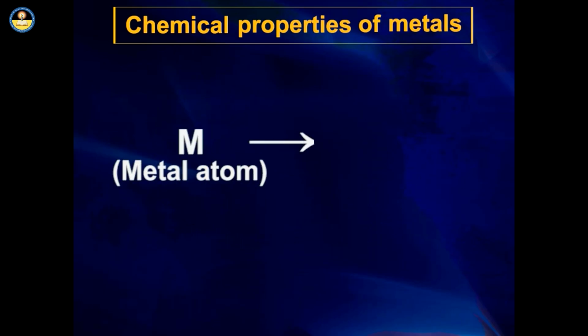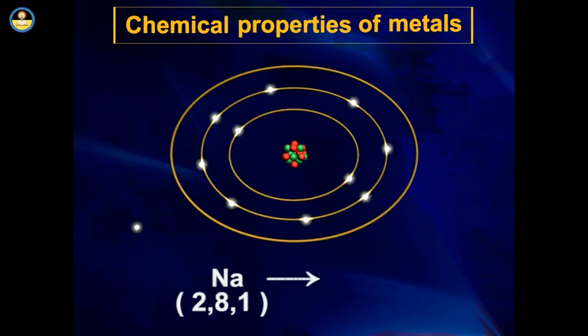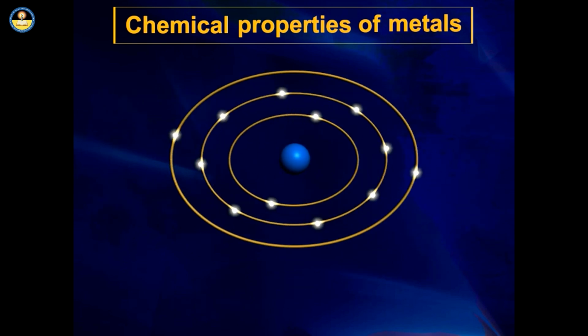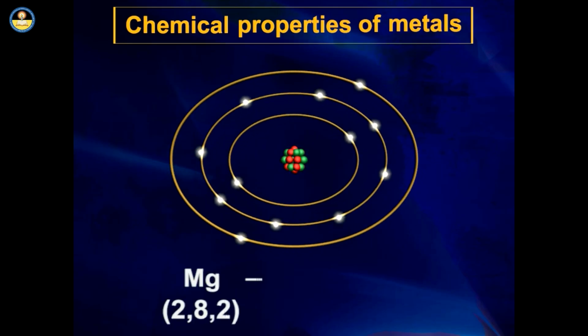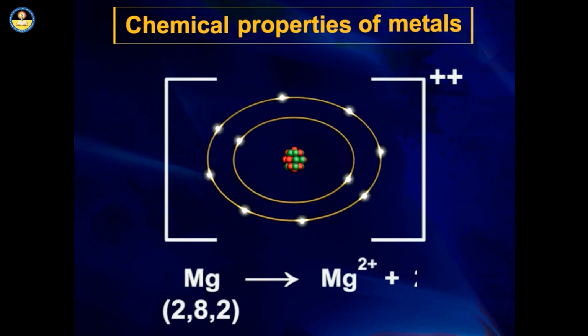M metal atom gives M^n+ plus ne^-, where n stands for a numerical value. Sodium with electronic configuration of 2, 8, 1 gives sodium positive ion plus an electron. Magnesium with electronic configuration of 2, 8, 2 gives Mg2+ plus 2e^-.